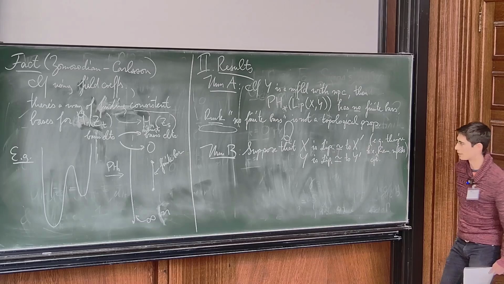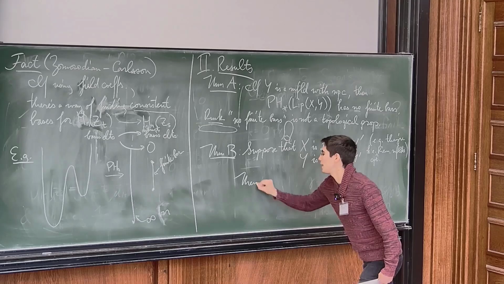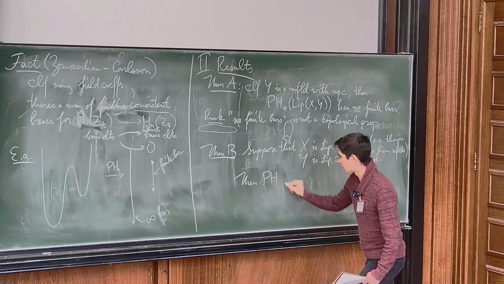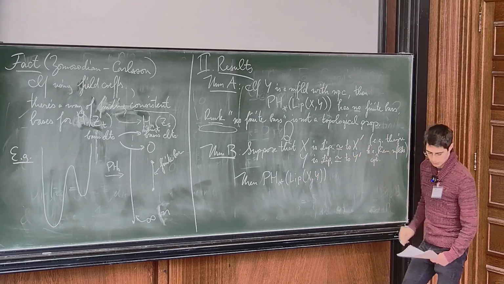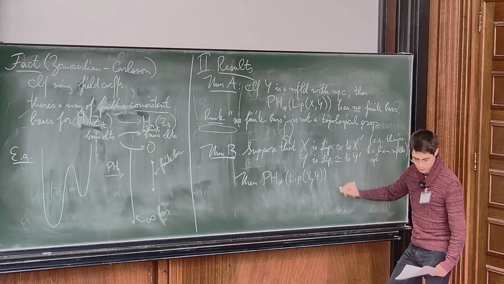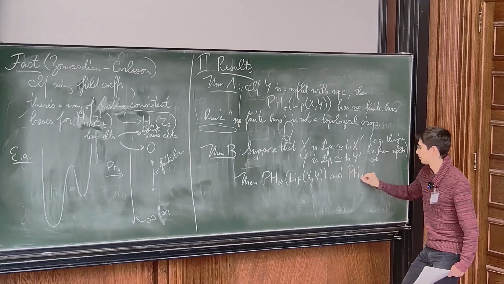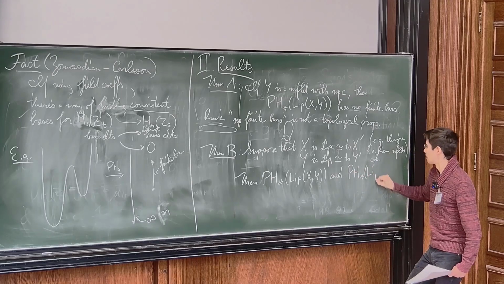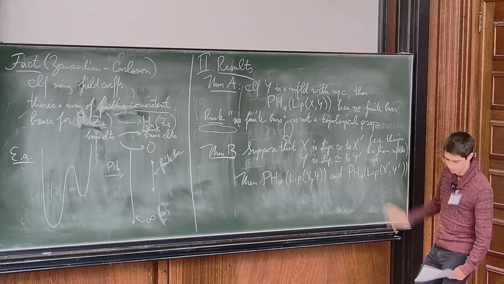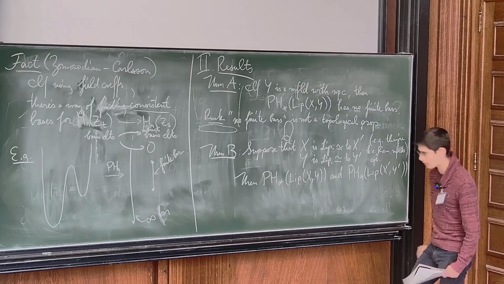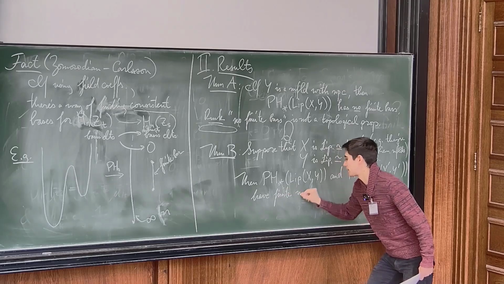So the Lipschitz bit doesn't matter. Then the persistent homologies of these two pairs of maps between these two pairs of spaces have what's called finite interleaving distance.